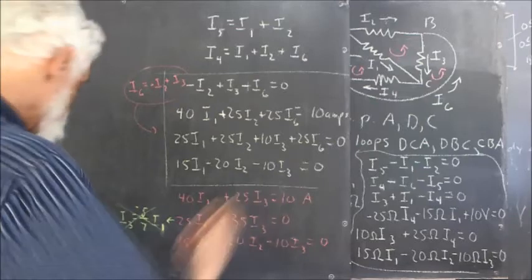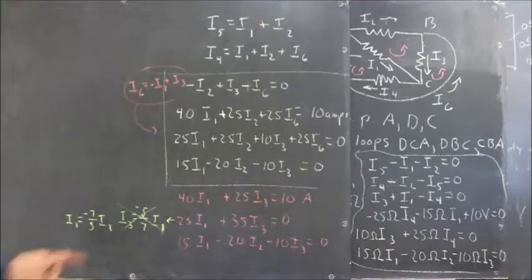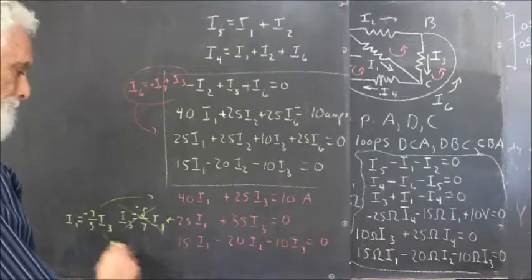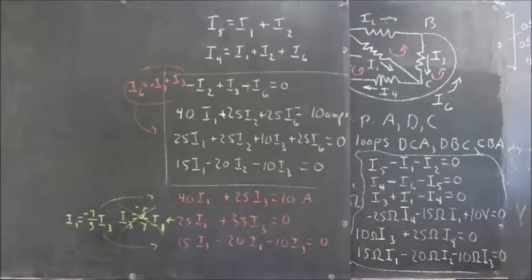Okay, that's very obvious. Now, if I plug this into all these equations, and actually I'm only going to have to plug it into 2 of these equations, it's going to give me 2 equations and 2 unknowns.